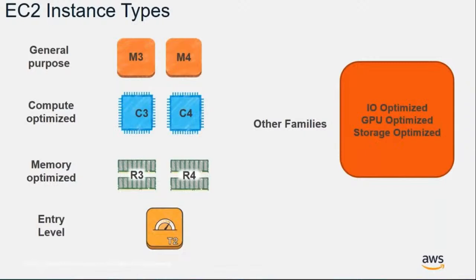for example, databases. We have also got the entry level machines called T2, which are almost alike to the general purpose M family, but come a little differently in the sense that they allow you to burst out in capacity and performance.